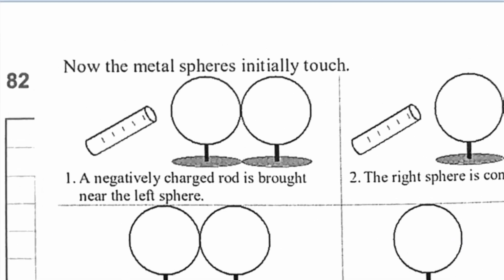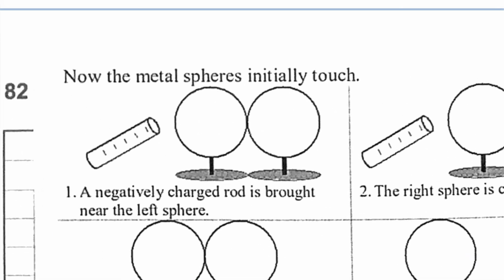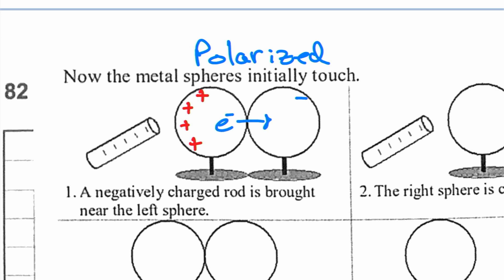Now, in this example, we have a negative rod brought near two metal spheres. We would say that these metal spheres are polarized, and the positives are going to be on the left side because the negatives are getting repelled away from the rod.